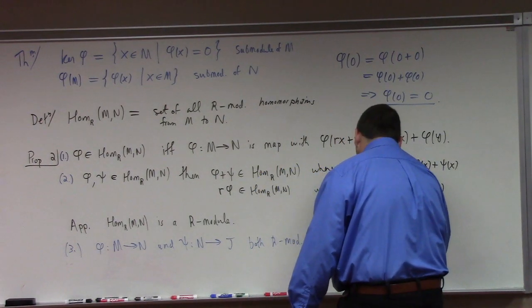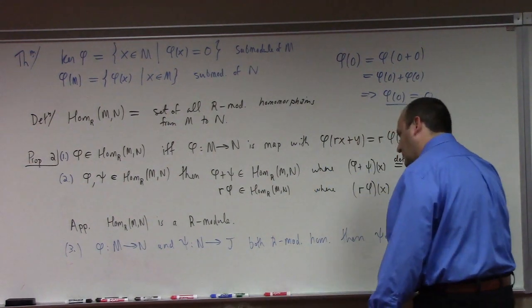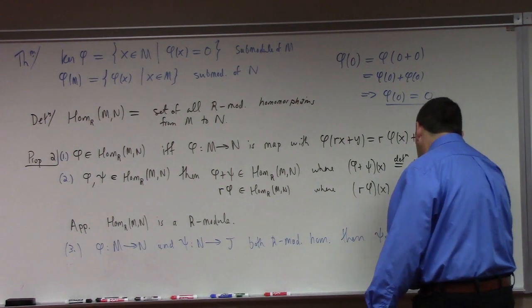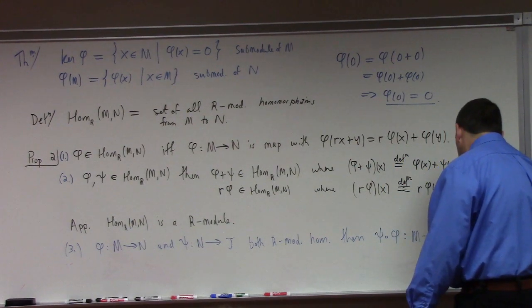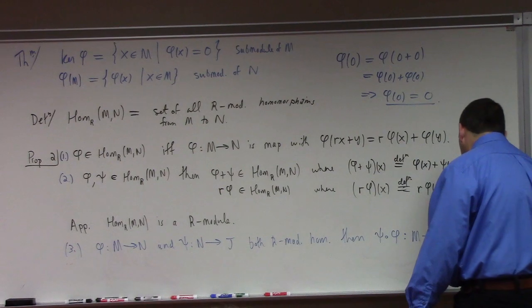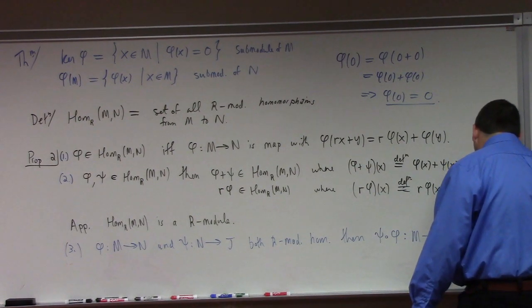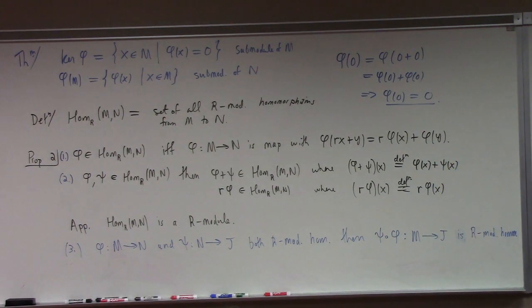Then psi composed with phi, which is a mapping from M to J, is an R module homomorphism. As we know, the composite of linear transformations is a linear transformation. Guess what? The composite of R module homomorphisms is an R module homomorphism.